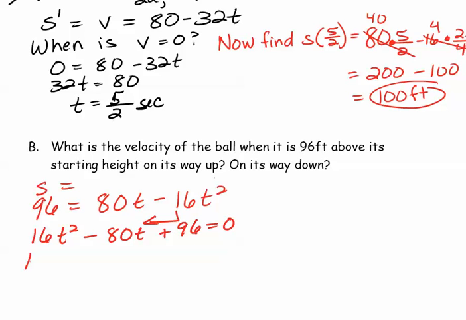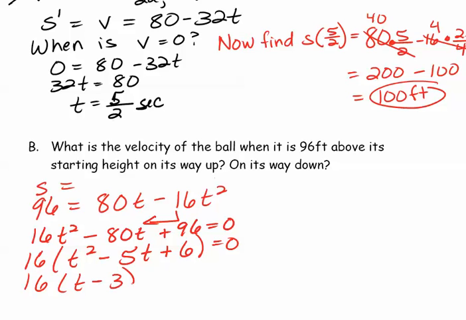If we factor a 16, now this is an equation, so we could divide the 16 out of both sides. I'll leave it here just as a reminder of what we're doing, and 6 times 16 is 96. If this is in a non-calculator section, it would be factorable.